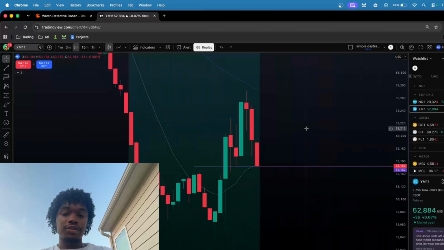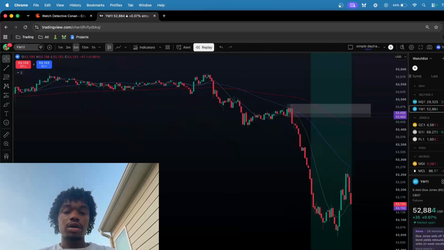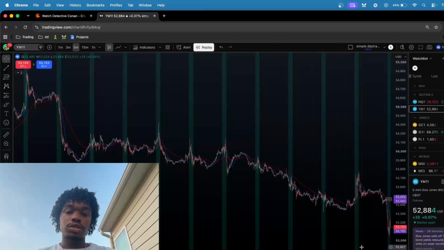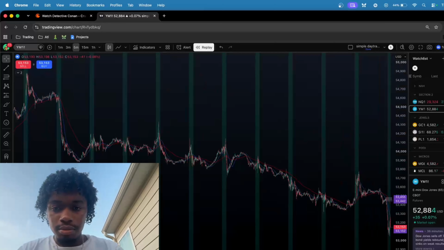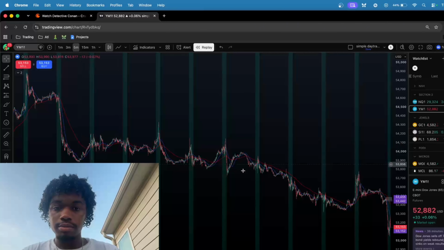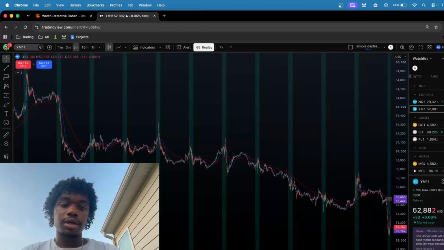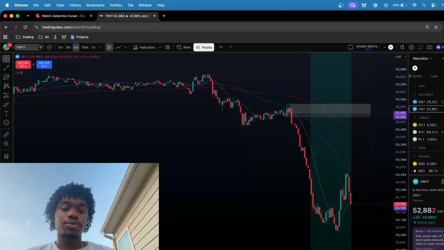So there was a 15-minute zone right here, as you can tell. Zoom out, US 30 completely going down. Honestly, I want to be able to read the market a bit more and actually catch these big moves. I'm like, bro, I'd be trading it when it's all the way down here.